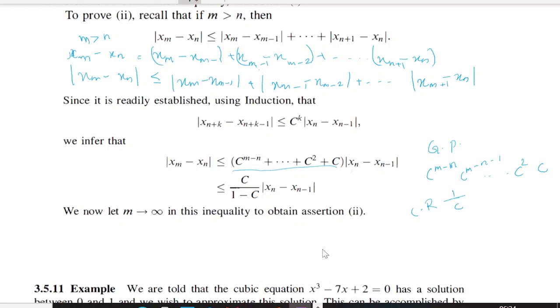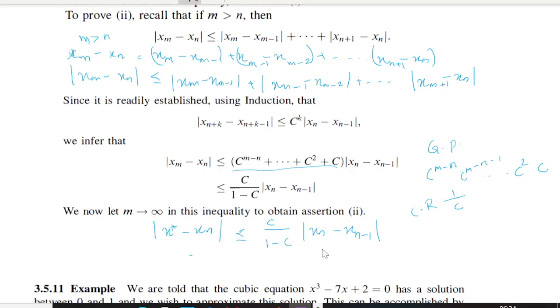Now what we have to do? Let m tend to infinity. So when m tends to infinity, what you are getting is |x* − x_n| is less than or equal to c by 1 minus c into |x_n − x_{n−1}|.